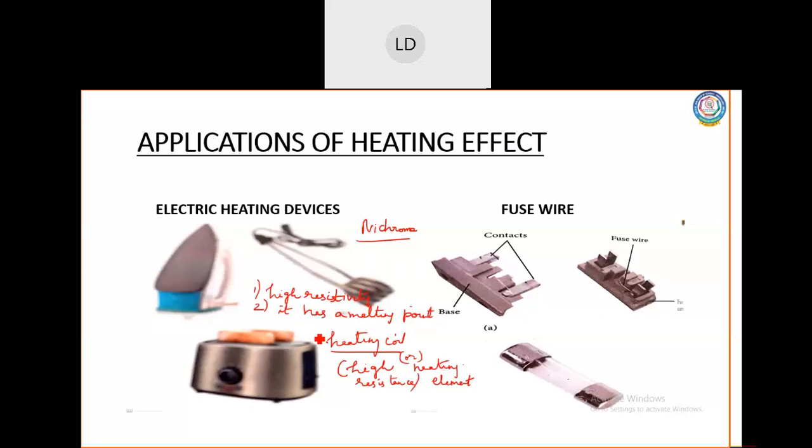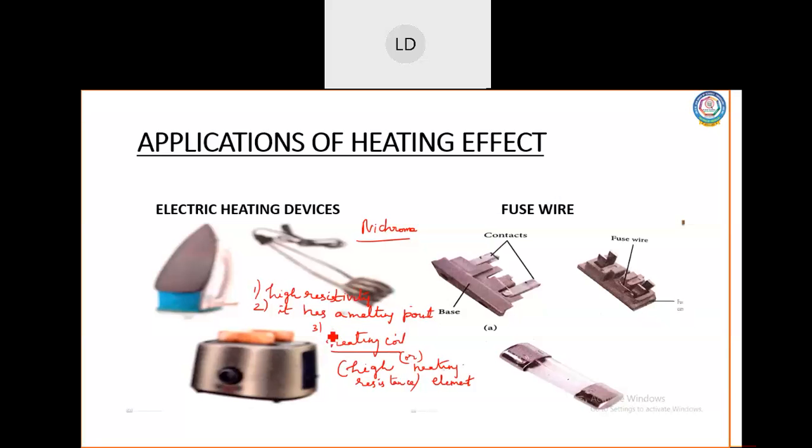When very high heat is supplied, the wire withstands the heat and the current passing through it. If the material had a low melting point, it would definitely melt when a very high current is passed through it. So it should have a very high melting point.